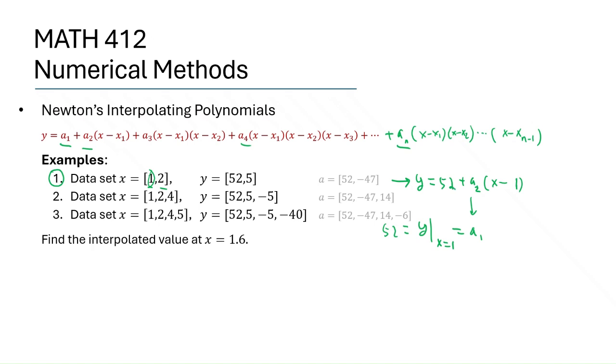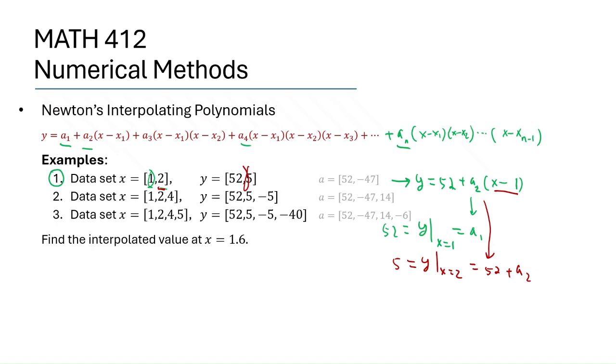You can find a2 now. Evaluate at x sub 2, where x is 2. We know that y value is 5. So 5 equals 52 plus 2 minus 1 times a2.